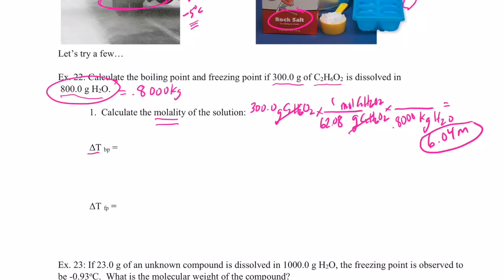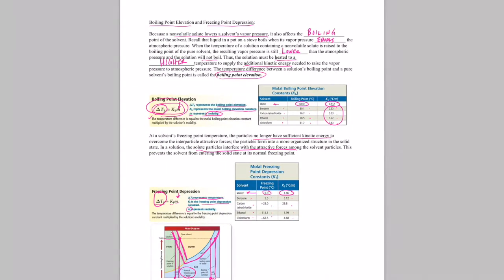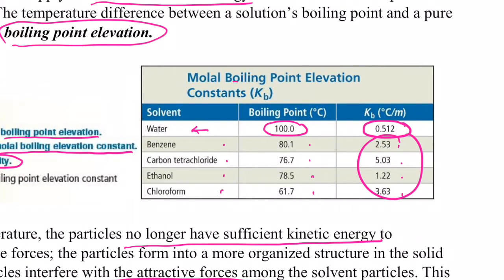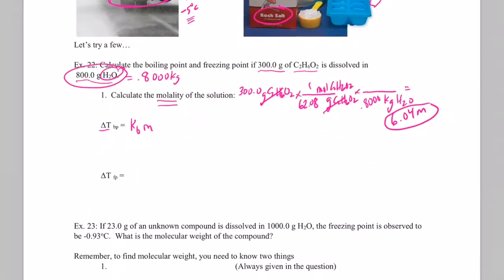So my boiling point change will be my boiling point constant, K sub B, times the molality. So what was the boiling point constant for water? Let's go back and look that up. The boiling point elevation constant for water was 0.512 degrees Celsius per molal.